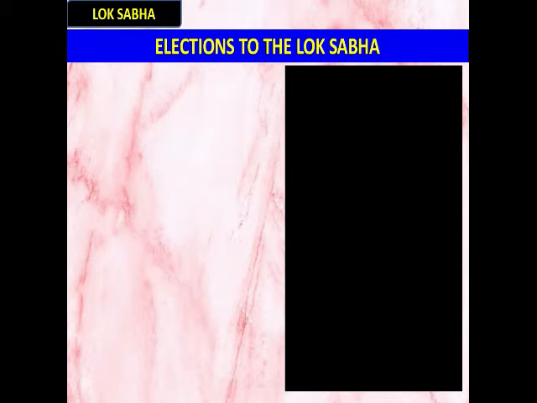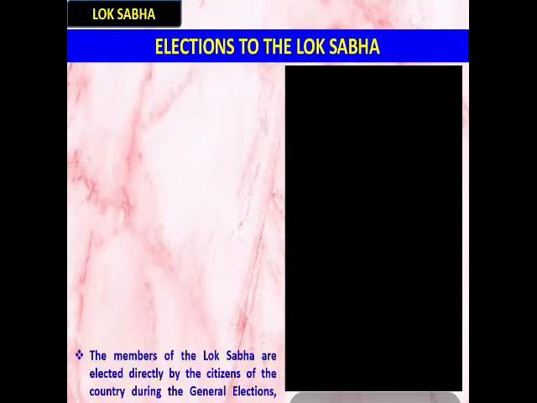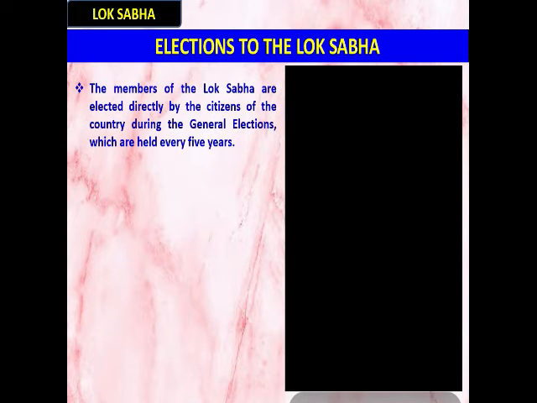And another extra point on Lok Sabha, that is elections to the Lok Sabha. Let's see in detail. The members of the Lok Sabha are elected directly by the citizens of the country during the general elections, which are held every 5 years.